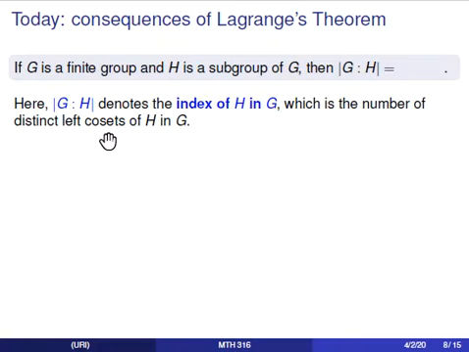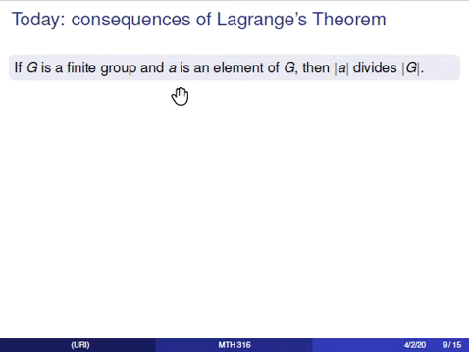You could talk about right cosets if you want, but it's just more convenient to always think about left cosets. There's no real difference in anything if you talk about right cosets. All right, so with that in mind, how many cosets are there of H in G? Well, we just said that a minute ago. That is equal to the order of G divided by the order of H.